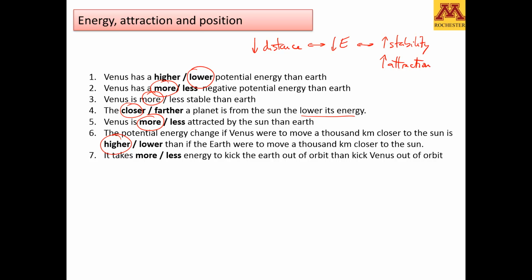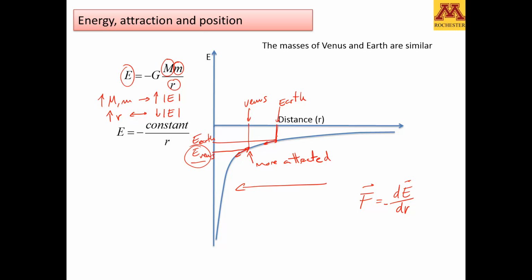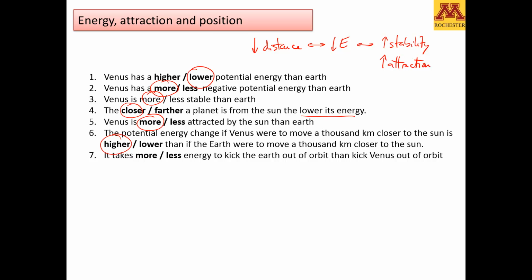Okay. So does it take more or less energy to kick Earth out of orbit than to kick Venus? Well, we just said that Earth is closer to zero, so the necessary energy to kick it out of orbit is less because it's less attracted. So it'll take less energy to kick Earth out of orbit.